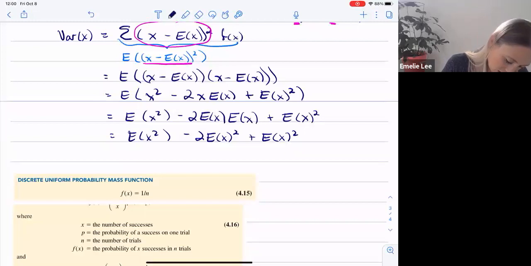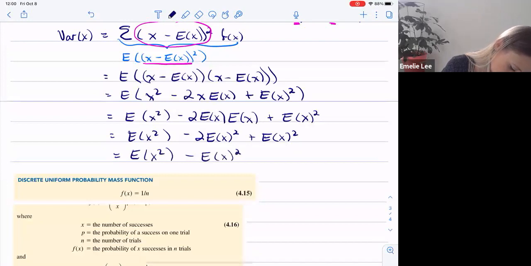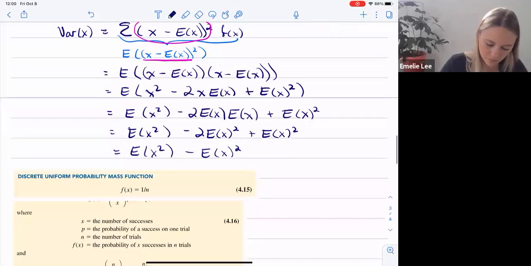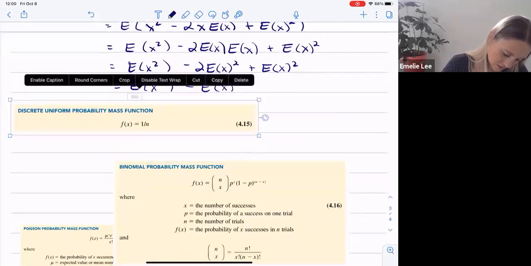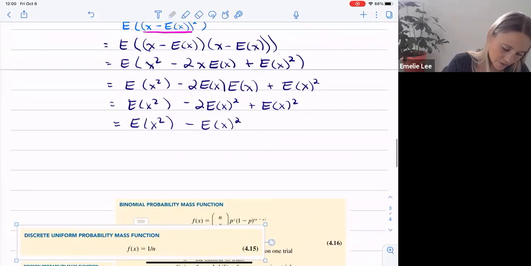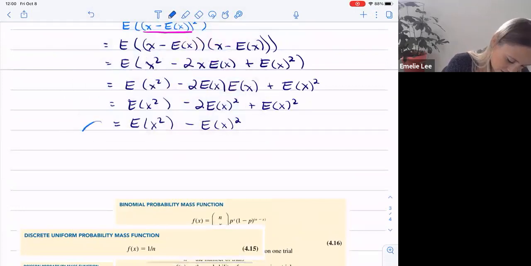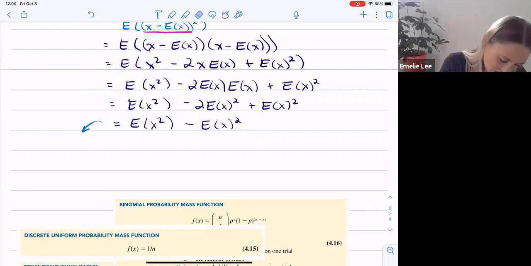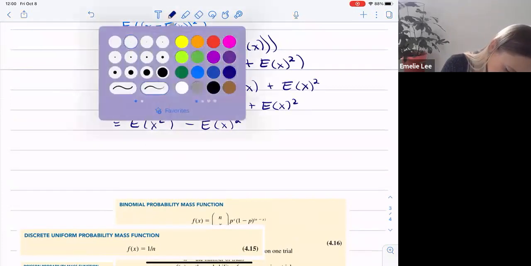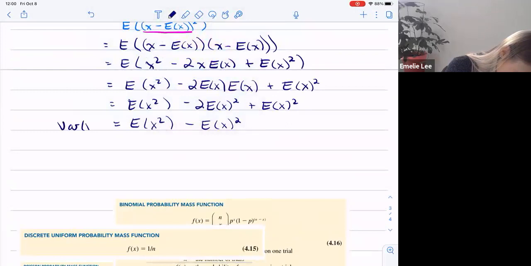And so here, the expected value of x squared minus the expected value of x, squared. This is the variance of x, and maybe I'll clarify that that's the variance of x.